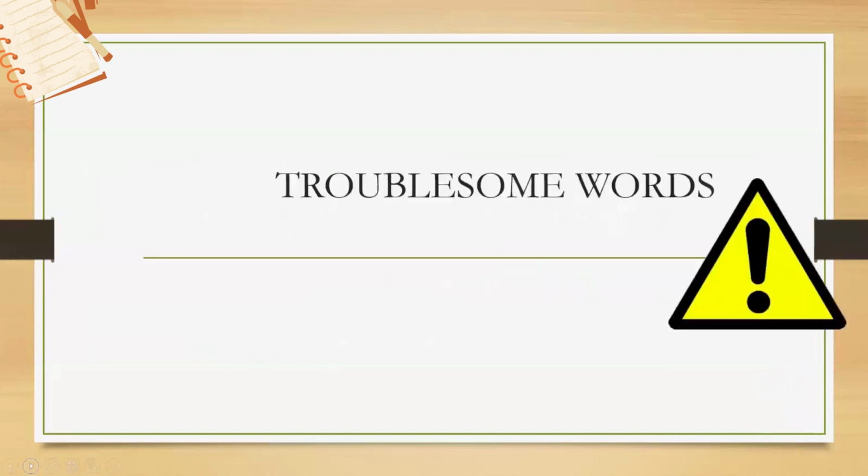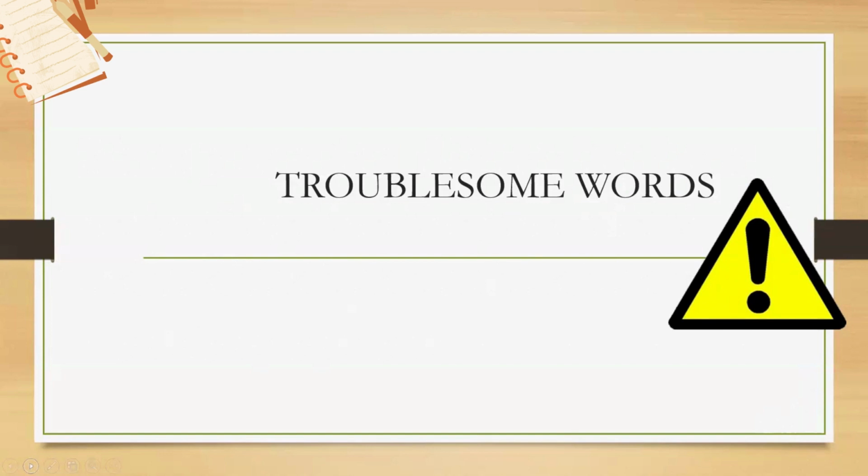And what do you call this error? Sometimes we're having trouble with using the correct form of the word, especially if they differ only in terms of spelling. Let's say affect and effect. So if you try to analyze, there's only one difference, the first letter. Affect is a verb while effect is a noun.